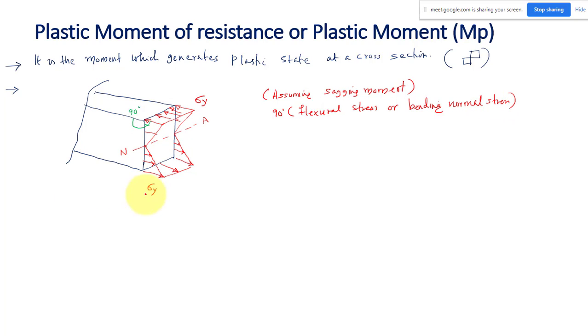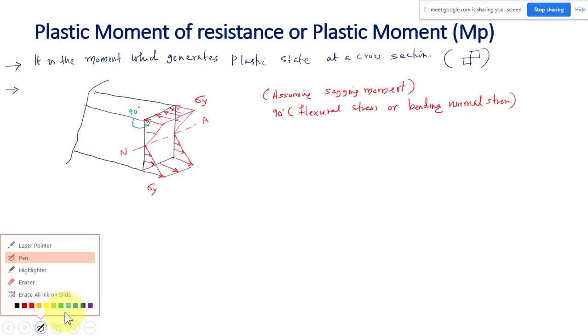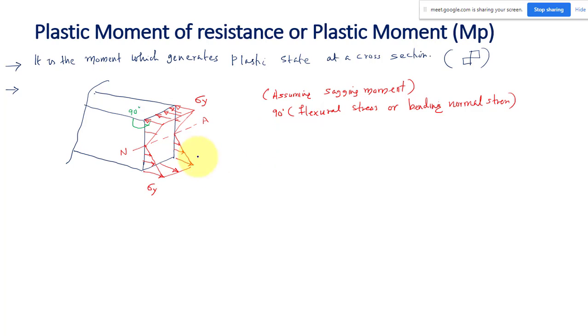But usually, how are we drawing this stress block? This is an elastic state. Usually we will not draw the stress block like this. We will draw the cross section. Let us say it is a rectangular beam. So the beam cross section, this is my neutral axis.